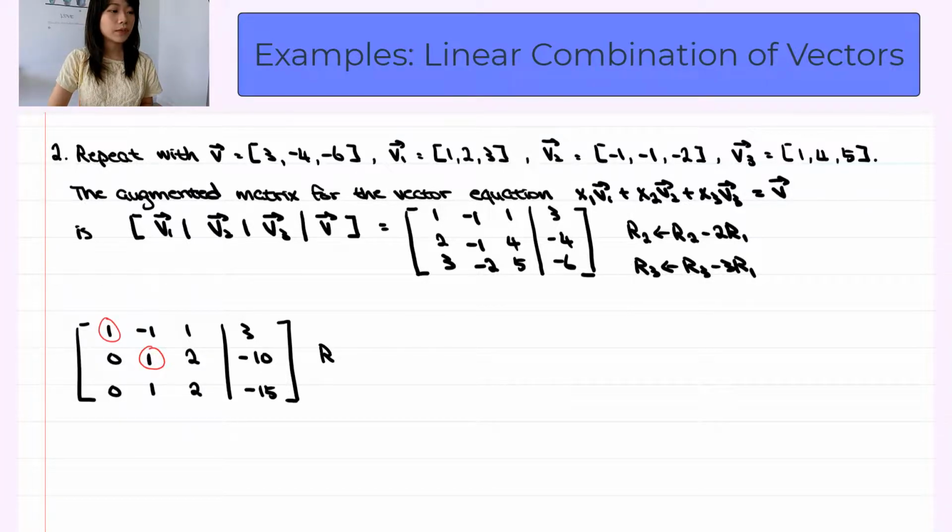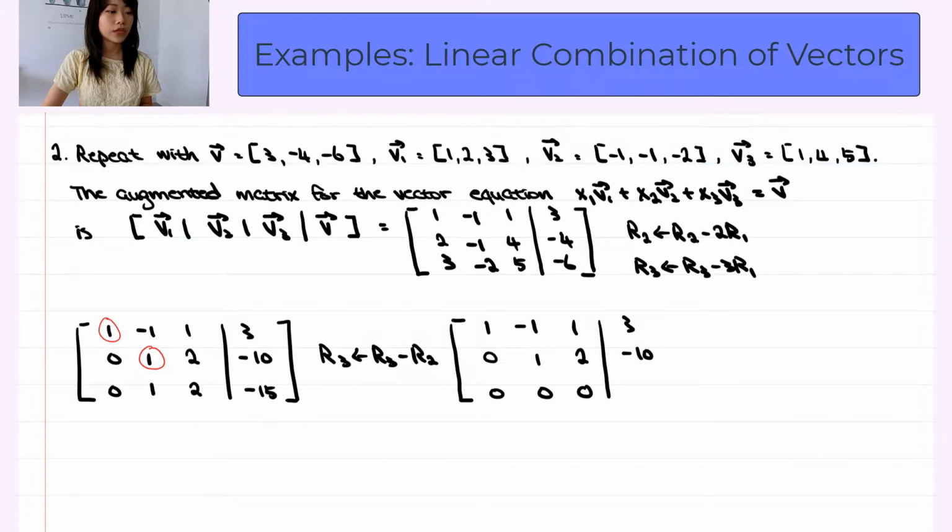For example, if I replace R3 by R3 minus R2, then I get 1, negative 1, 1, and 3, 0, 1, 2, and negative 10. And the third row, I'll get 0, 0, 0 in the coefficient matrix. But on the right, I have negative 15 plus 10, that is negative 5. The third row is saying 0 equals a non-zero number, which means the system has no solution.